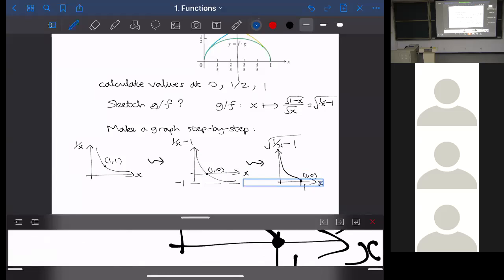So we can see now why the domain of G over F contains 1 but doesn't contain 0. Let me do that in red so it's easier to see.